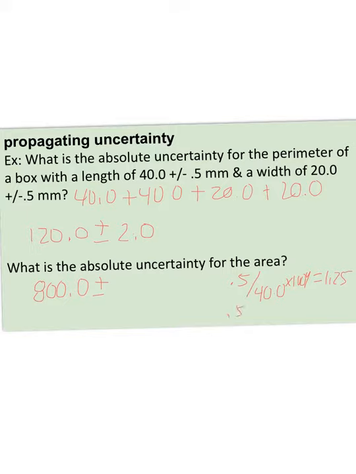And then I do the same thing with 0.5 over 20, and I find that's a 2.5%. So this is a 3.75% uncertainty, but I was asked for absolute uncertainty, so now I take the 0.0375 times the 800 to find out what that is, and I come up with 30.0. So my absolute uncertainty is plus or minus 30 for this measurement.